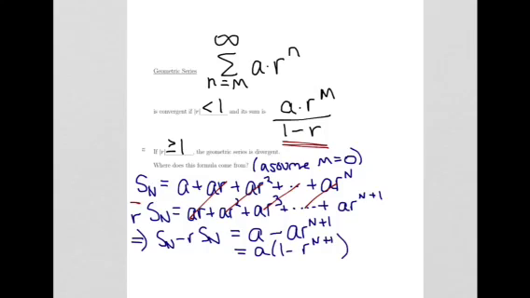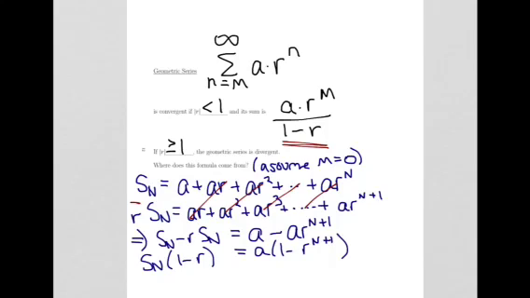And if we're looking at our sum on the left-hand side, we could factor out Sn, and we'd have Sn times 1 minus r would equal a times 1 minus r to the n plus 1.